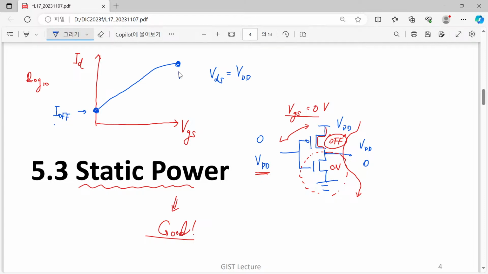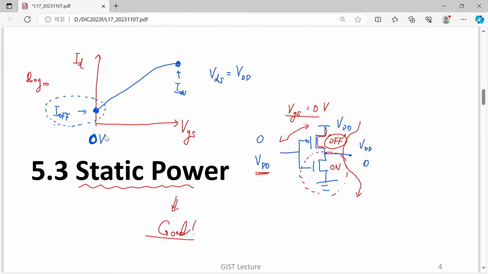Of course here we have I on, but our current interest lies on this one. This current simply means that even though we apply 0 volt to our gate, the transistor still conducts a little amount of current.